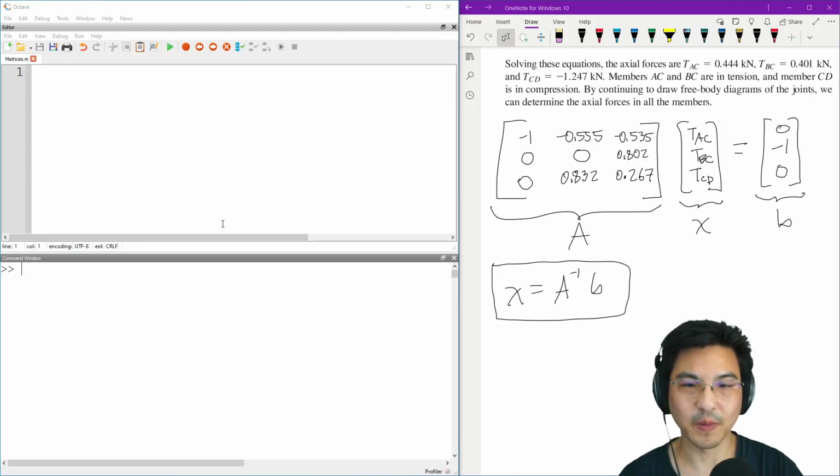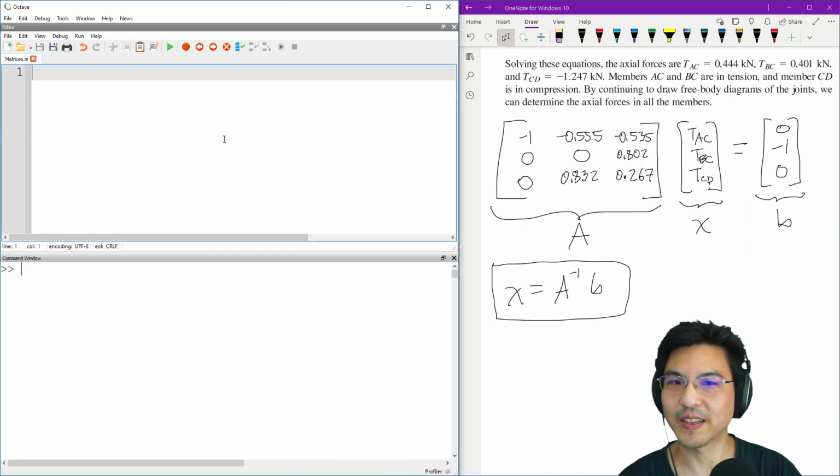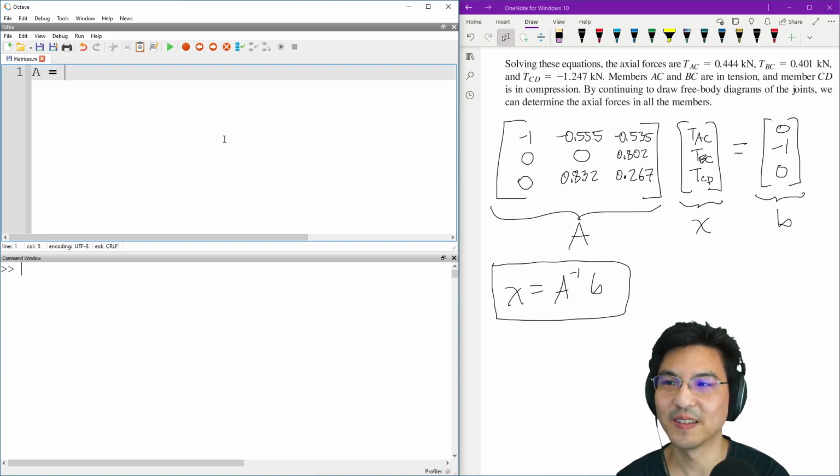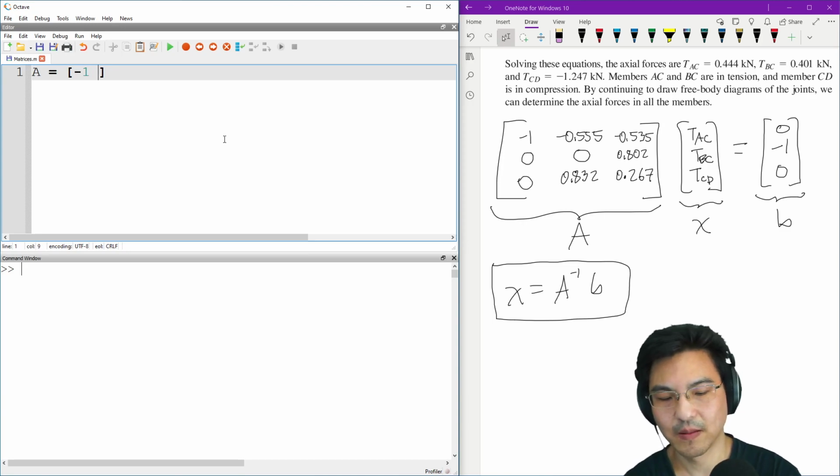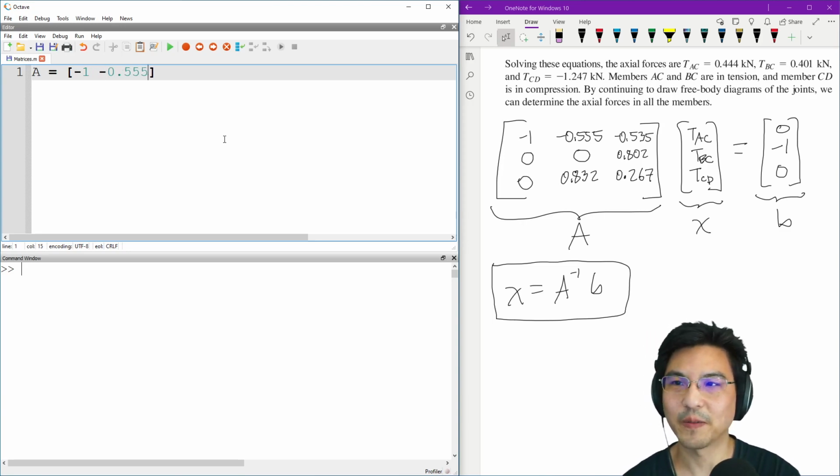All right, I opened Octave, and let's start getting this in here. So let's type matrix A. So the syntax looks like this. A equals, and then in square brackets, first row, -1, space, minus 0.555, space, minus 0.535.